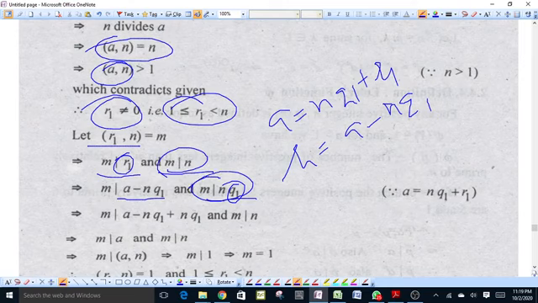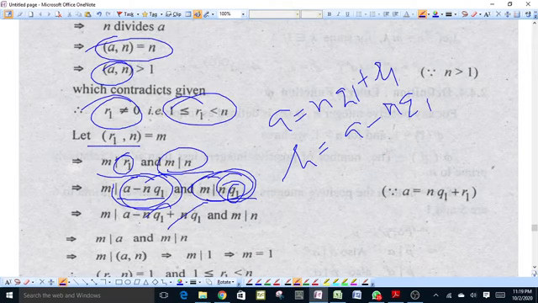And from number theory, from the properties of divisibility of numbers, if m divides a minus n q1 and m also divides n q1, then m will divide their sum, a minus n q1 plus n q1.